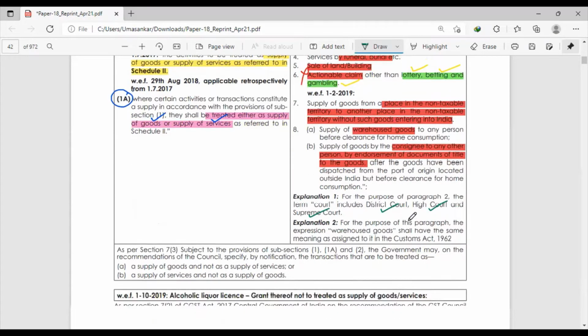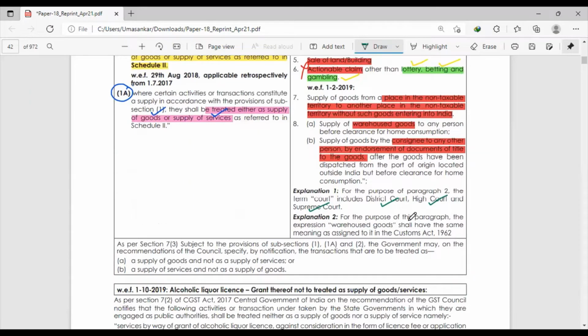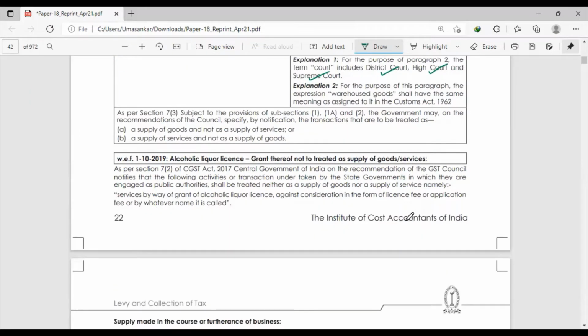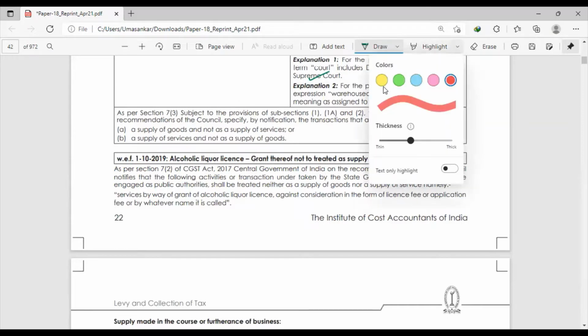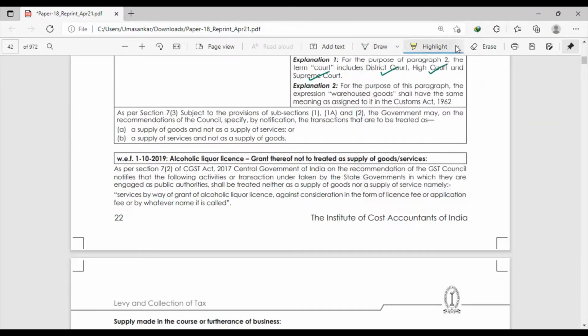Okay. Now we'll go to 7 subsection 3. Okay. What is 7 subsection 3? It says, subject to the provision of subsection 1, 1A and 2, the government may on the recommendation of the council specify by notification the transactions that are to be treated as supply of goods and not supply of services, and supply of services and not supply of goods.